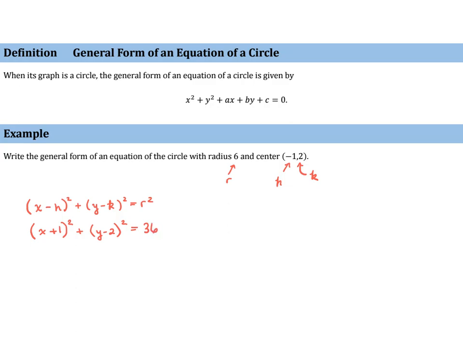Now, to write our equation in general form, we need to take our equation and just simply expand the binomials. So x plus 1 quantity squared will be x plus 1 times x plus 1.